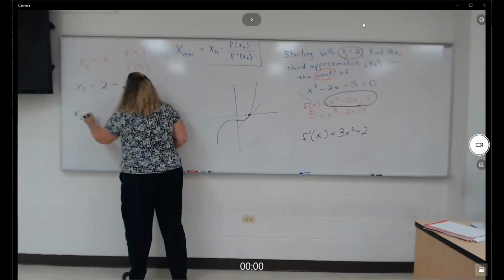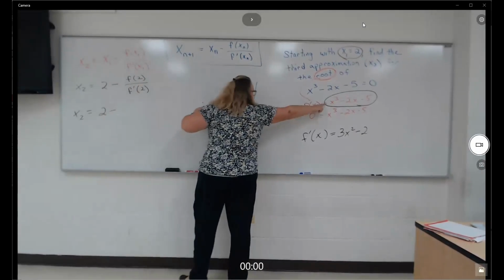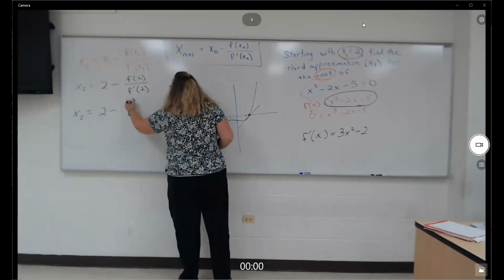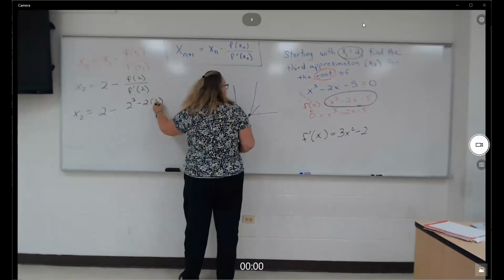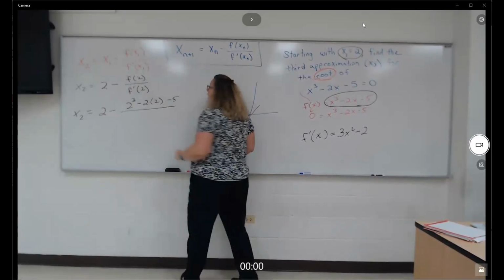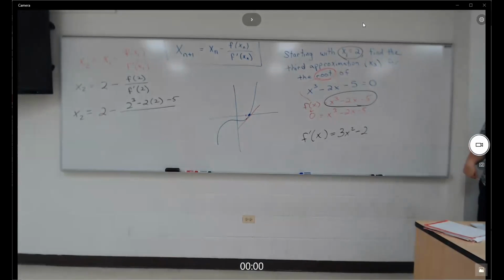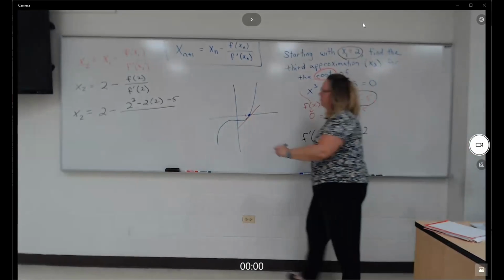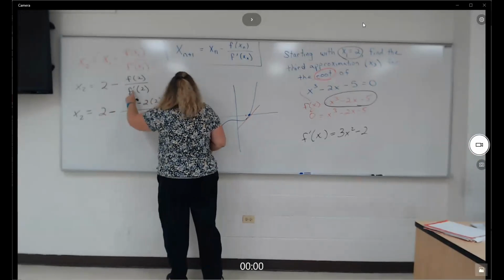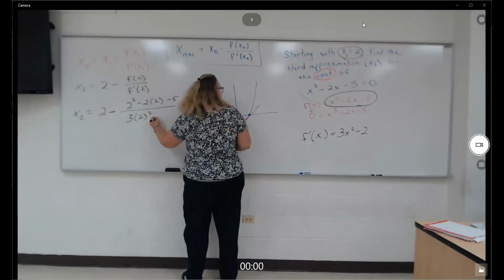We need to do 2 minus my f function, but I'm plugging in a 2. So 2 to the third minus 2 times 2 minus 5. And then over, now I plug in 2 into the derivative. Make sure that you don't lose this minus. Then I do the derivative, 3 times 2 squared minus.